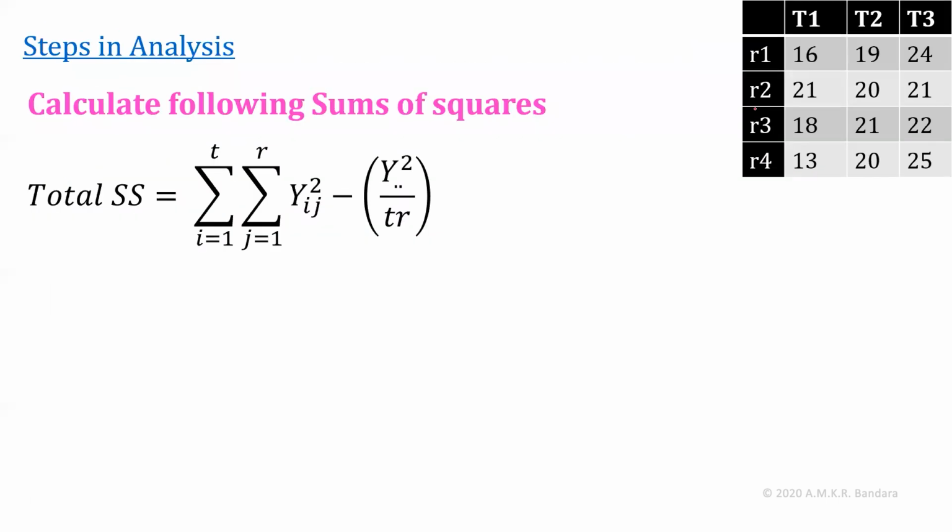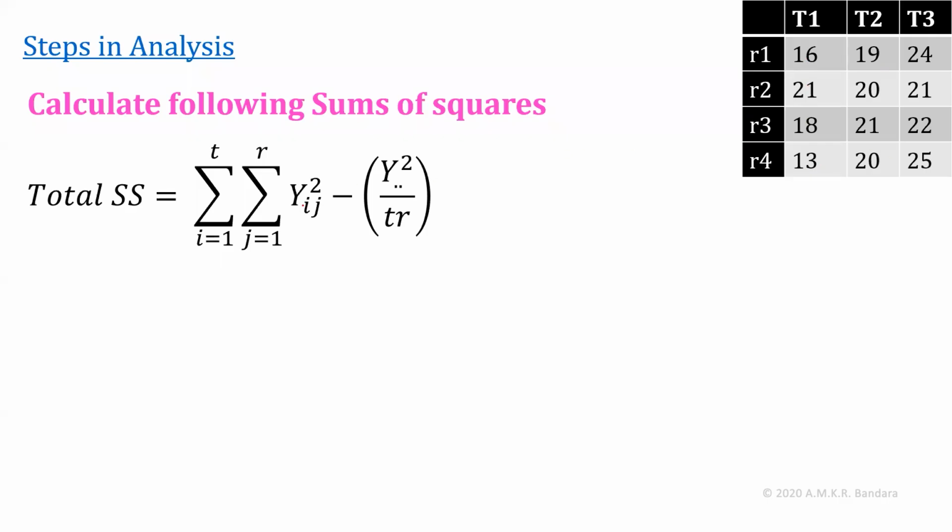So in analysis, I told you we use ANOVA, analysis of variance. Therefore, first we need to find out the total observed variation of this data set. We know the formula to calculate the total observed variation. Here, first you have to square each and every observation.